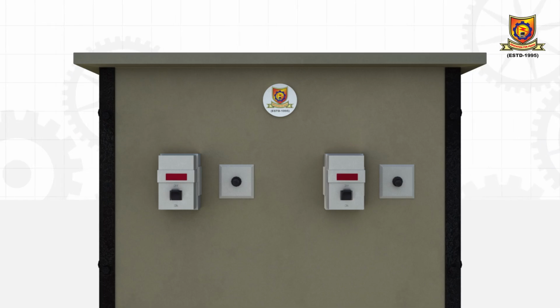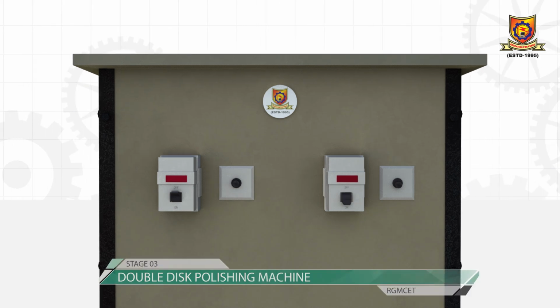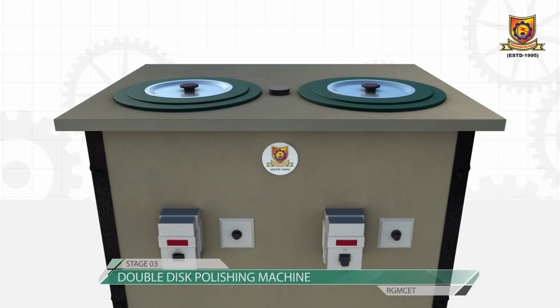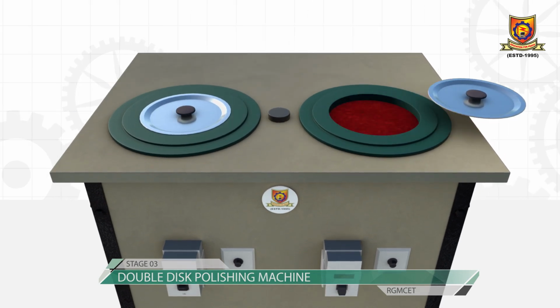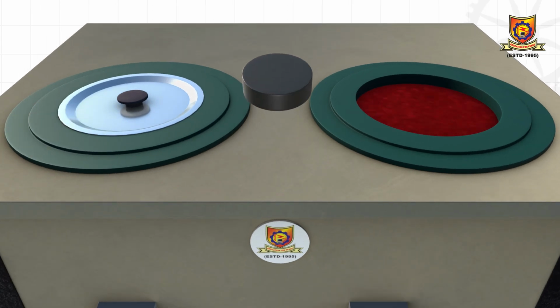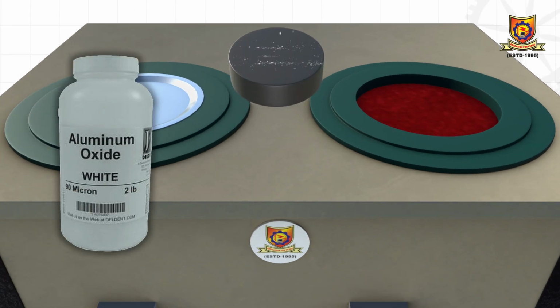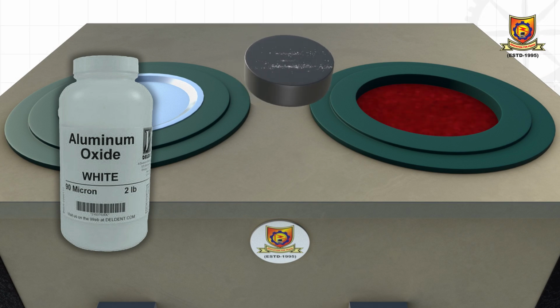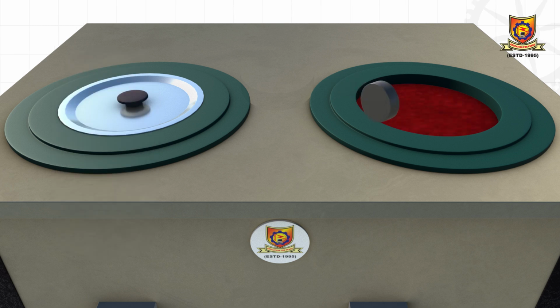After performing this polishing operation on emery papers of different grit sizes, our next stage is to obtain a specimen of mirror-like finish. This can be obtained with the help of this double disc polisher machine. Here we have a rotating disc. Over this rotating disc we have to sprinkle alumina powder, and then we have to press our specimen hard on this rotating disc.